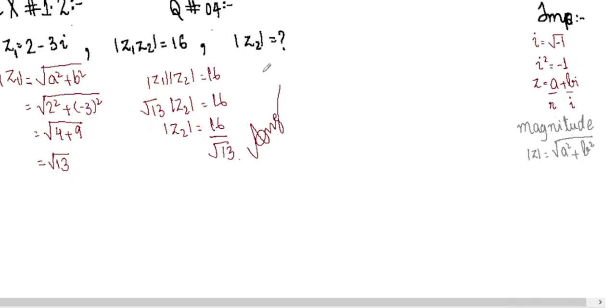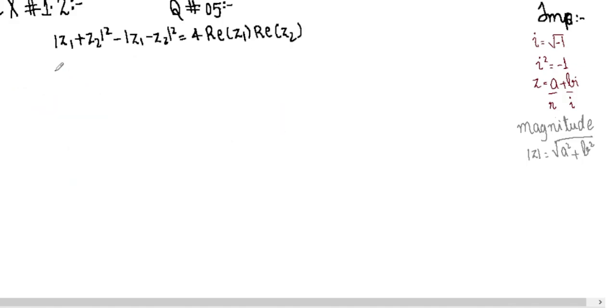Now moving towards question number 5. For question number 5, we are given that z1 and z2 are two complex numbers, so we are going to let z1 equal a plus b iota and z2 equal x plus y iota.